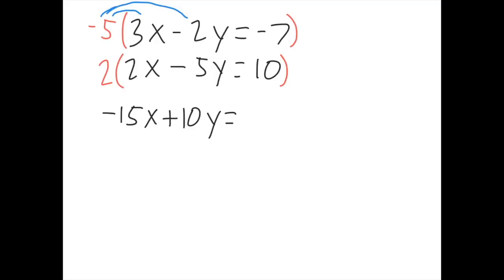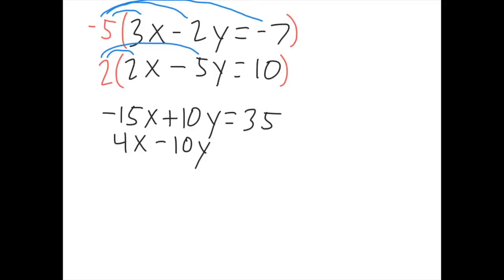And negative 5 times negative 7 will give you a positive 35. In the bottom one, we have 2 times 2x, which will give you 4x. 2 times negative 5y, which will give you negative 10y. And 2 times 10, which will give you 20.